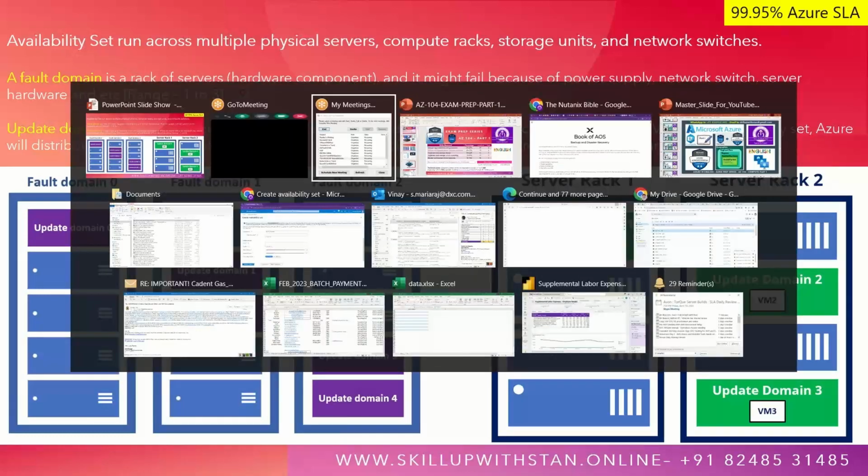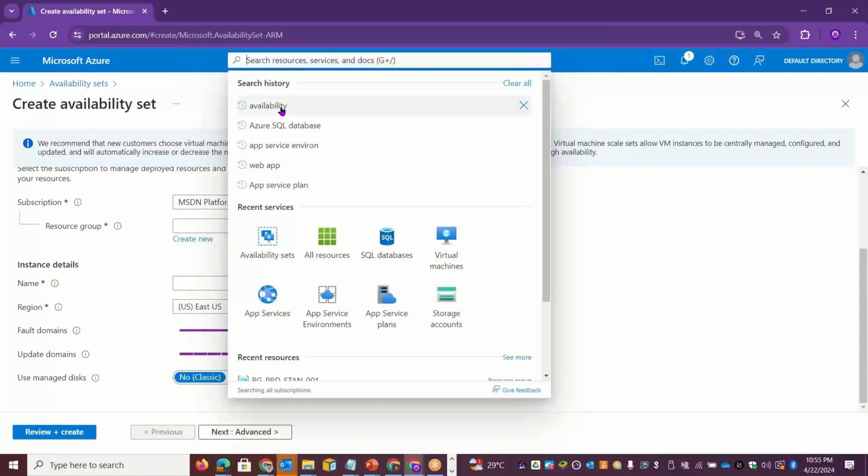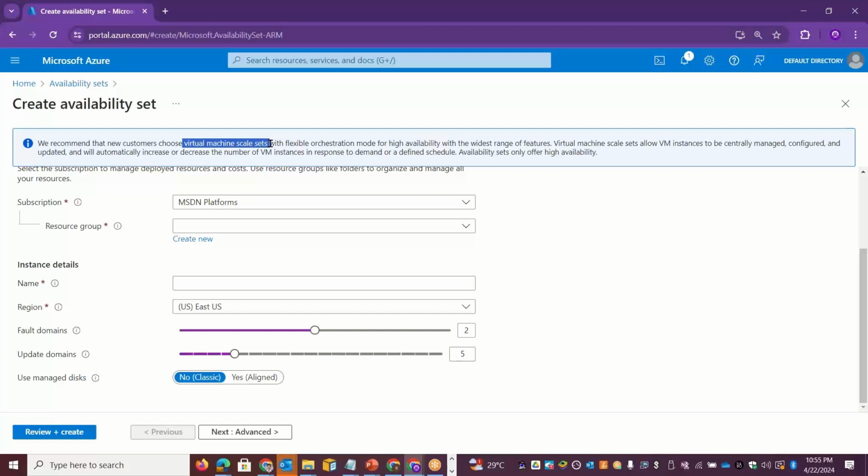If you go to the console here, you can understand this very well. You can search for availability set, and you will be able to create a new availability set. Microsoft is recommending going with a virtual machine scale set, because auto scaling provides you high availability, and it also provides a lot of additional features to balance the systems based on the requirements of your business application, like increasing and decreasing the servers.